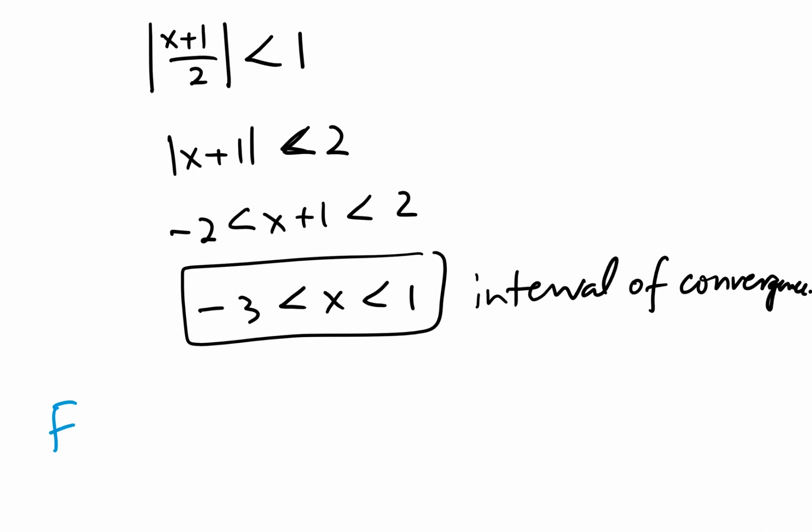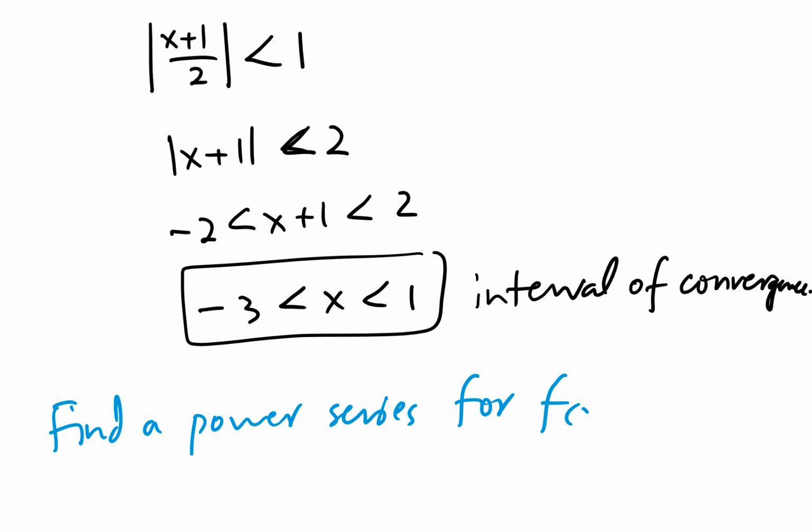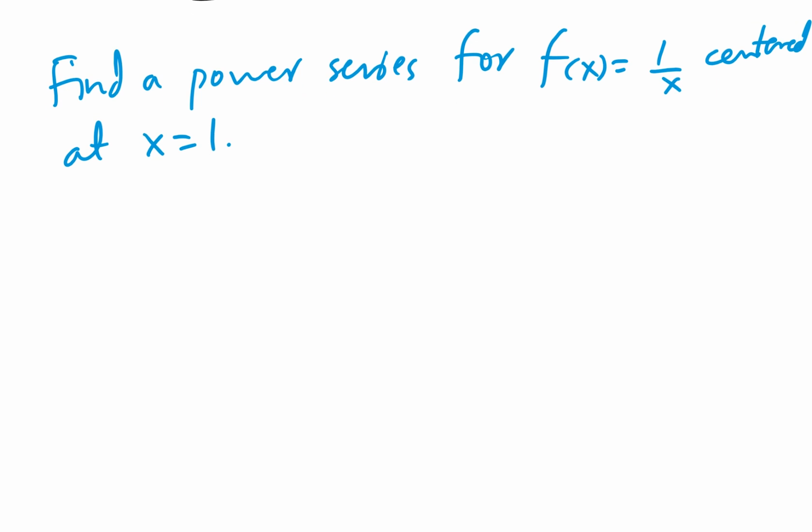We can look at another example. Find the power series representation for the function f of x equals 1 over x centered at x equals 1. So we start with 1 over x. We need to rewrite it. I want to get it to have a 1 minus something.